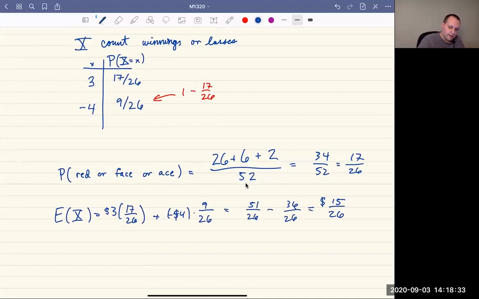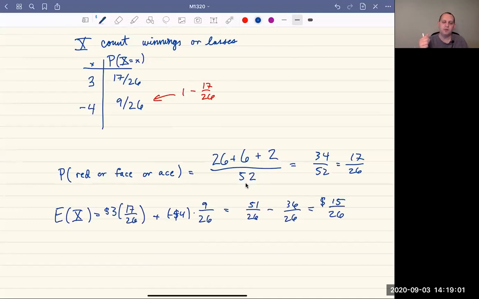Notice that it's never possible to win 15/26 of a dollar. It's not even a fraction that you could get with pennies. But what this says is that if we were to play this game 1,000,000 times, on average, we would win 15 out of 26 dollars, which is more or less 60 cents.